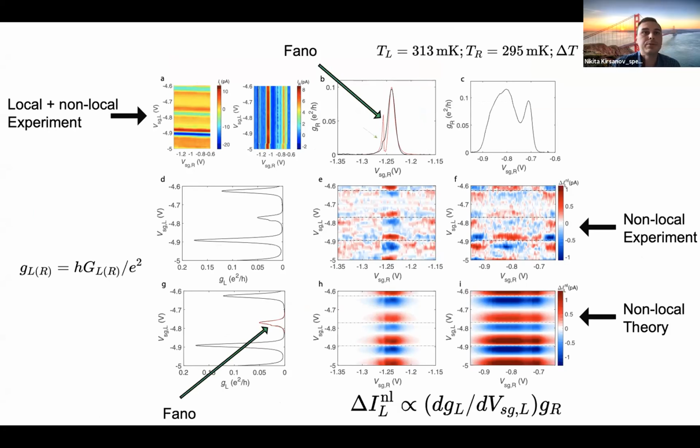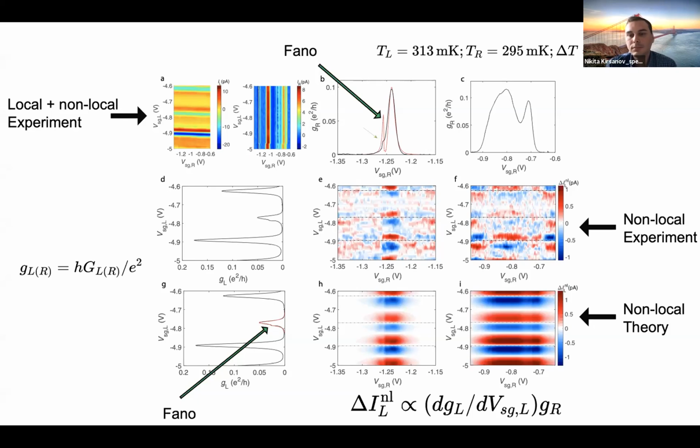This is one of our explanations. We thought about many different possibilities for these additional peaks to appear, and we just assume that we do not consider Coulomb interactions or any other type of phenomena. We only consider the Fano resonance effect. So this is just our modeling.